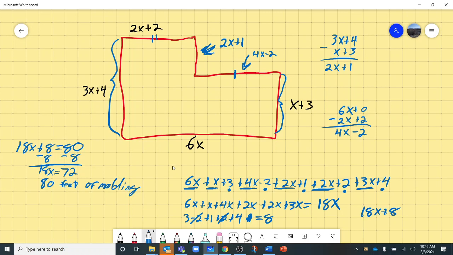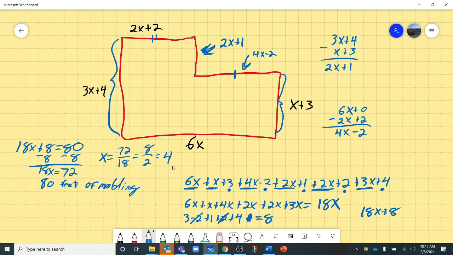So divide both sides by 18. That gives us x equals 72 over 18. Divide both of these by 9. 9 goes into 72 8 times, and 9 goes into 18 2 times. And so x is equal to 4.